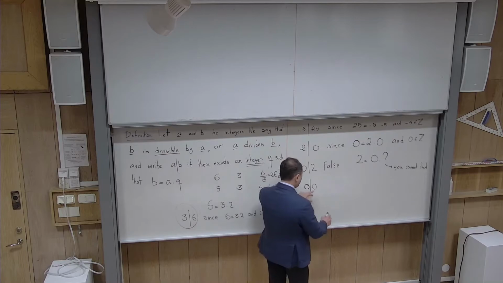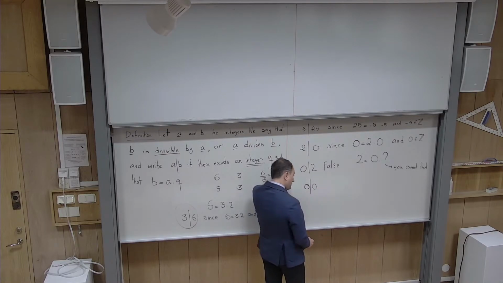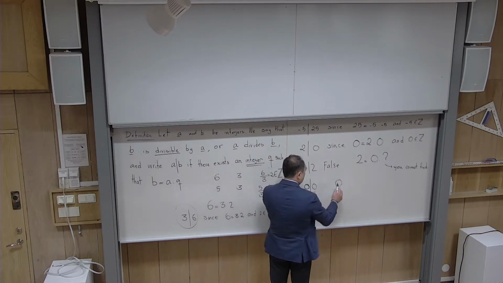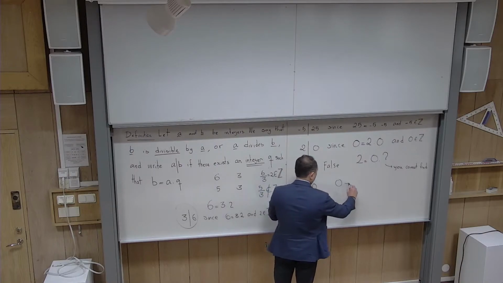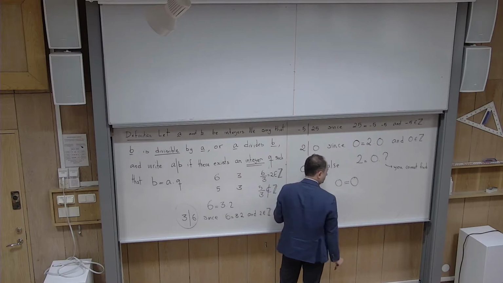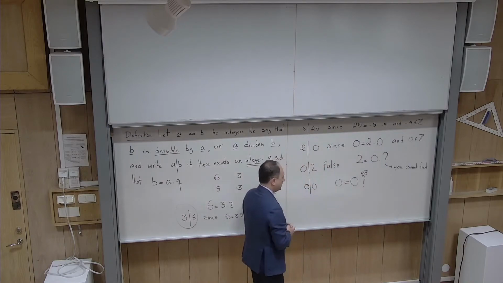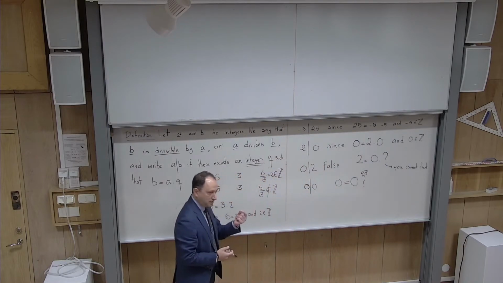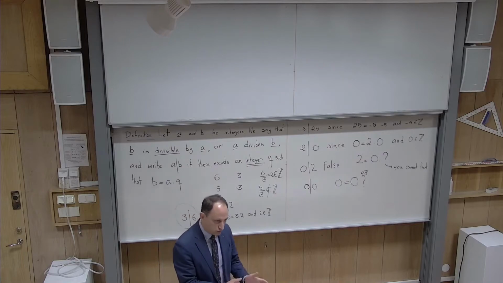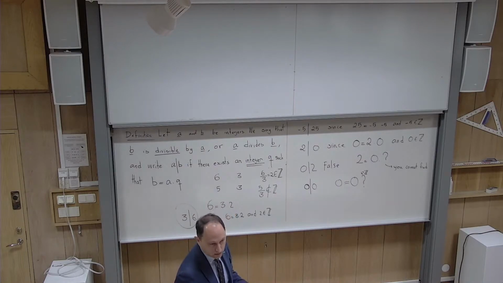So if you want to see if this is true or false, you put the number on the right, you put equality, you put the number on the left, and ask yourself, can I find an integer so that this is satisfied? If you can find at least one integer, then it is true. If you cannot find any integers, it is false.